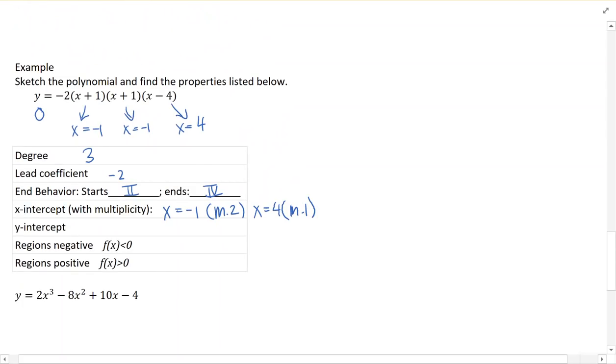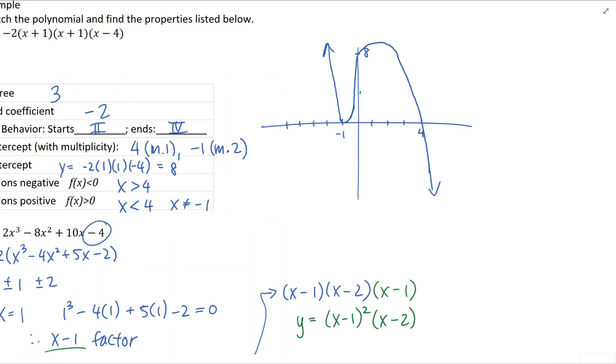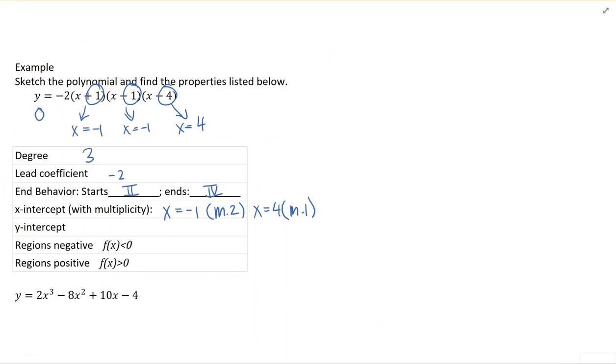With y-intercepts, you're going to be just multiplying out the last numbers, because the y-intercept is when x equals 0.